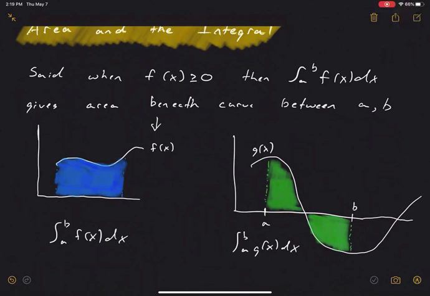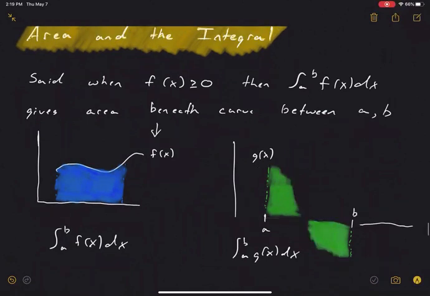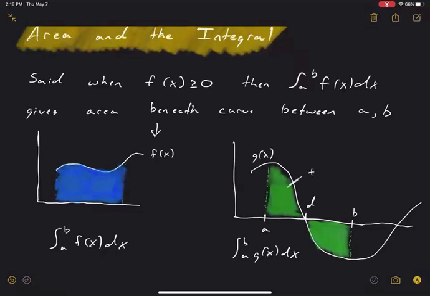The integral now, let's see, if I just integrated from a, let's call this point d. If I integrated from a to d, I would get this area, and that would be a positive number, okay? And then if I integrated from d to b, I would get this, and that would be a negative number, okay? So does negative area make sense?